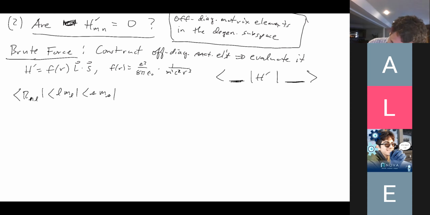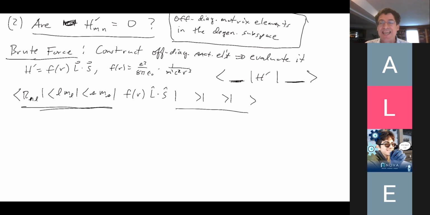And then here's our Hamiltonian, f of R, L dot S, that's the H prime. And now on the right-hand side, we have to write an arbitrary second state in the degenerate subspace. And so here's the other state. Does this state have the same n as this state? Is the n the same, yes or no? Yes. Good, because that's what makes it a degenerate state. It has the same n, good.